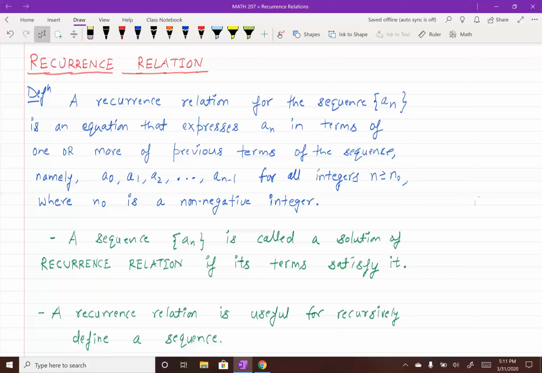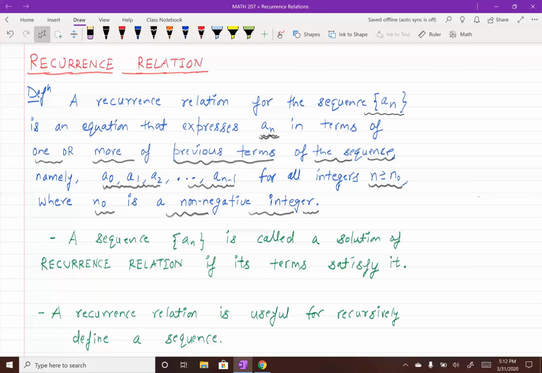So now we are in a position to define our recurrence relation. A recurrence relation for a sequence a of n is an equation that expresses the a of n term in terms of one or more previous terms of the sequence, namely a of n is related with a0, a1, a2 all the way up to a of n minus 1, where n naught is a non-negative integer.